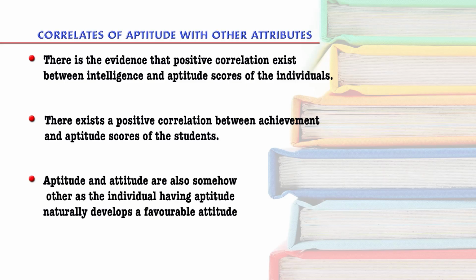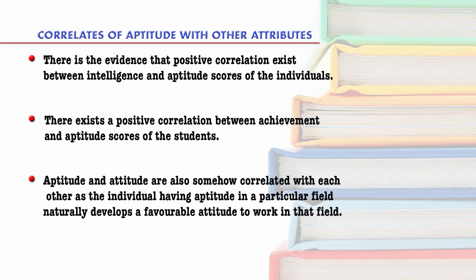And further, aptitude and attitude are also somehow correlated with each other, as the individual having aptitude in a particular field naturally develops a favorable attitude to work in that field. Try to understand here. You see the two attributes, that is aptitude and attitude. The person having aptitude, the quality, it may be because of the product of our environment or because of the hereditary contribution.